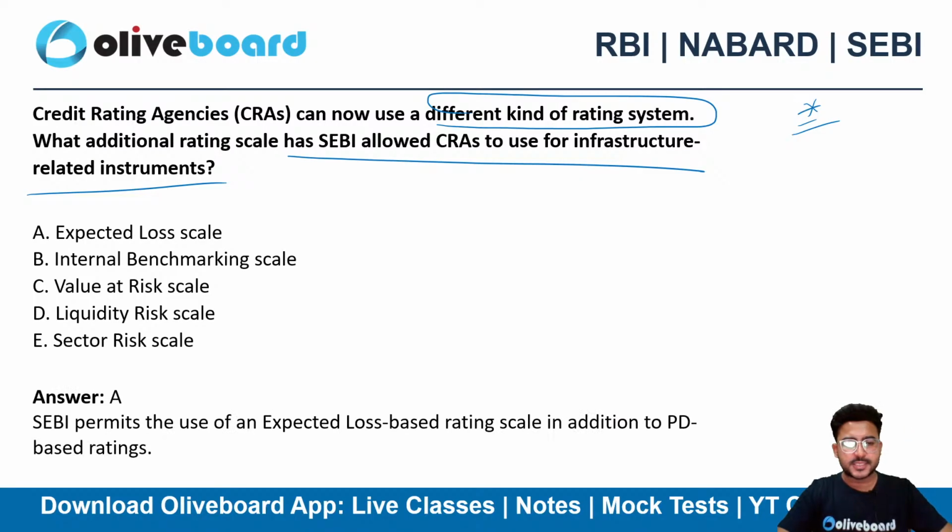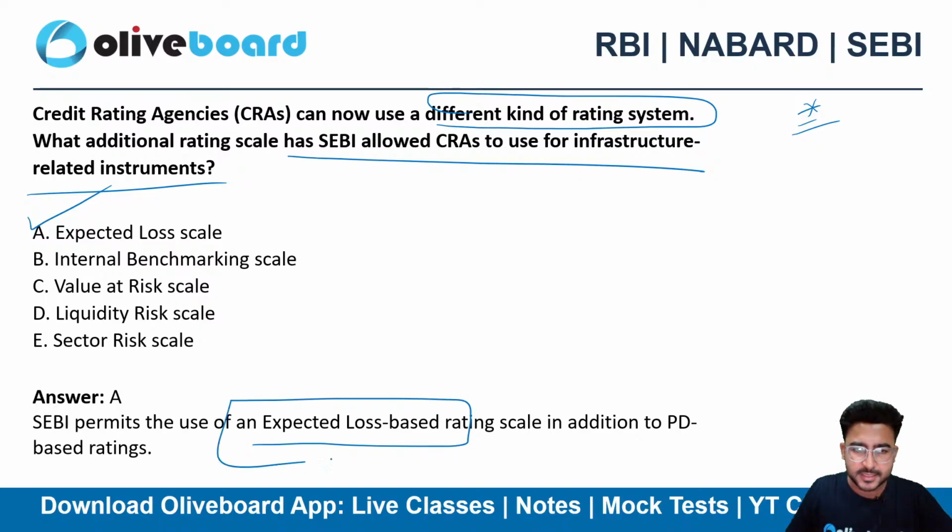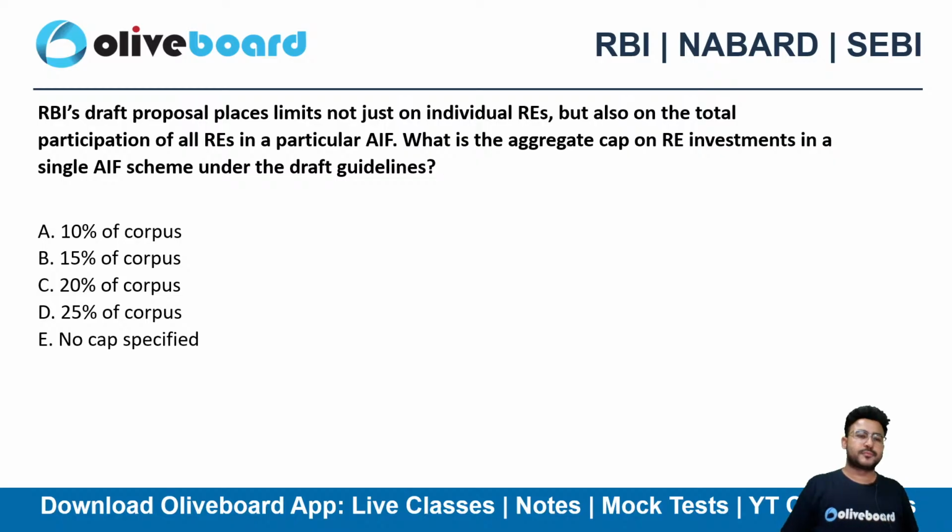Here the correct choice is option A, expected loss scale model. We saw this just yesterday, we went over the expected loss scale model, right? It's very simple.